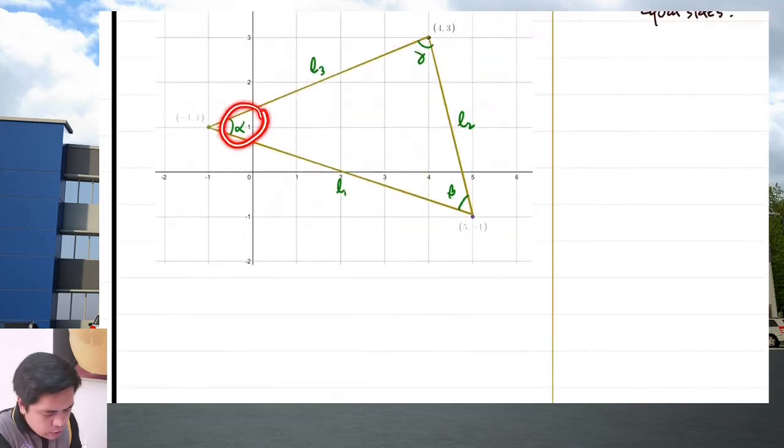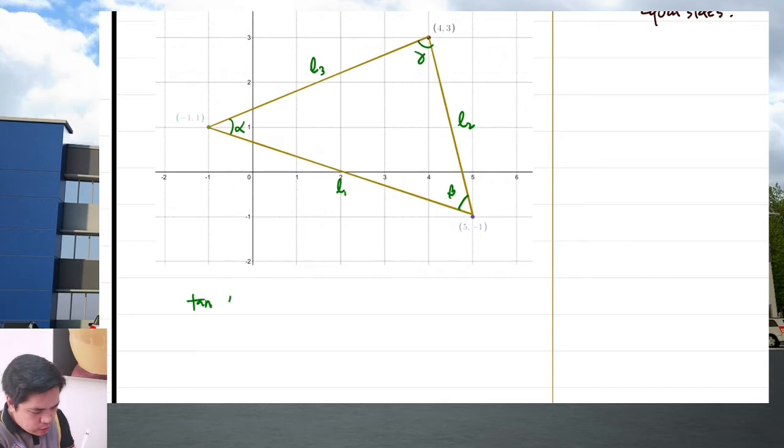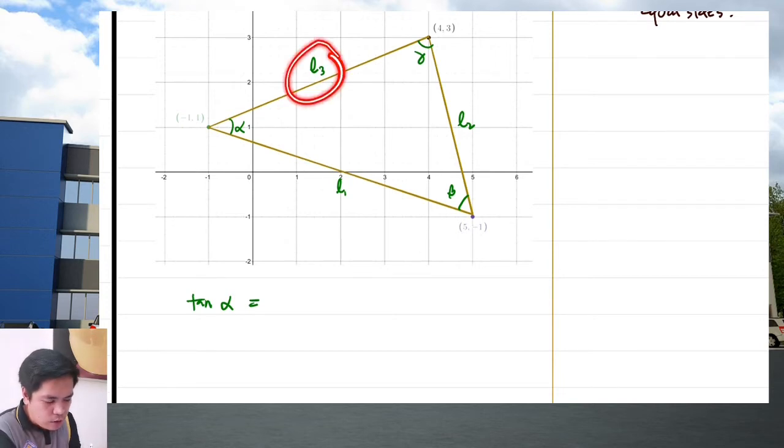Let's start with alpha. To solve for alpha, we know that tangent alpha is equal to the formula that involves the slopes of line 3 and line 1.